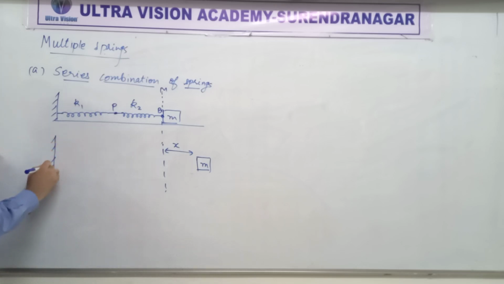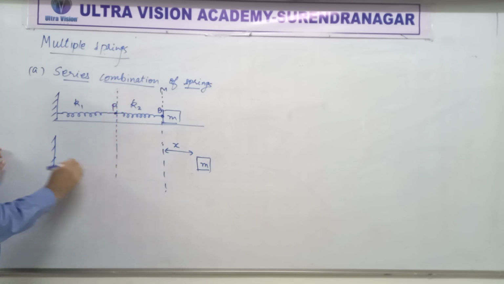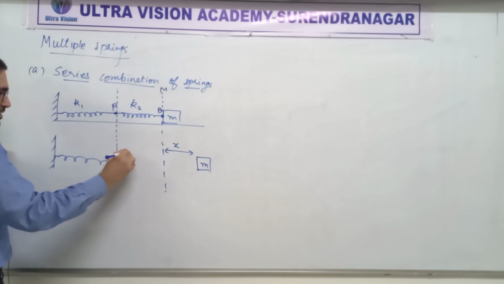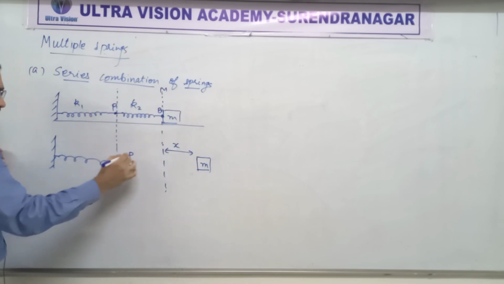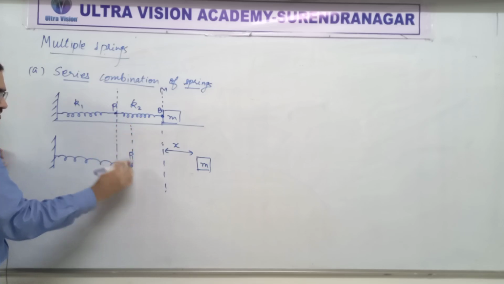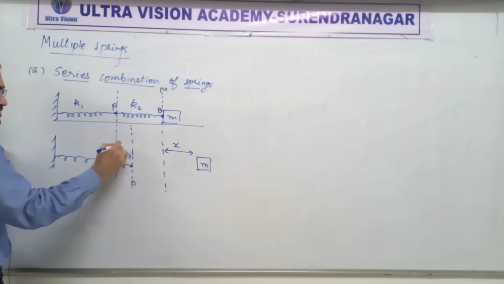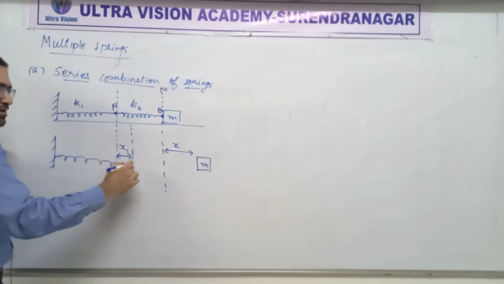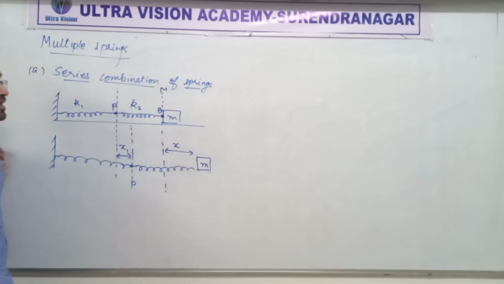Let's say the point P comes over here. When we pull, this spring got extended by this much distance, which is why the point P has moved that much. So let's say the first spring got extension x1. Similarly, the second spring got extension x2.